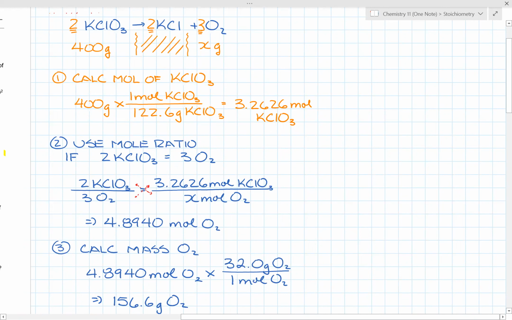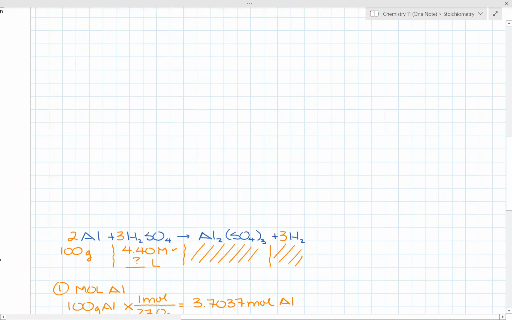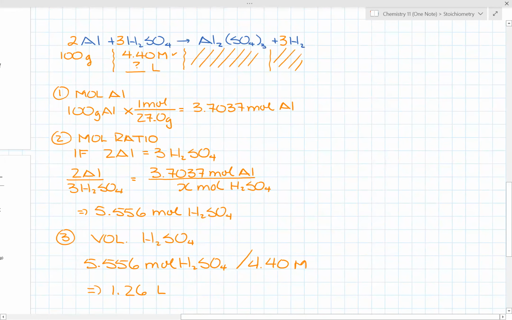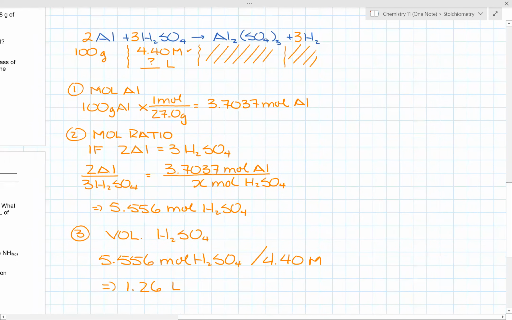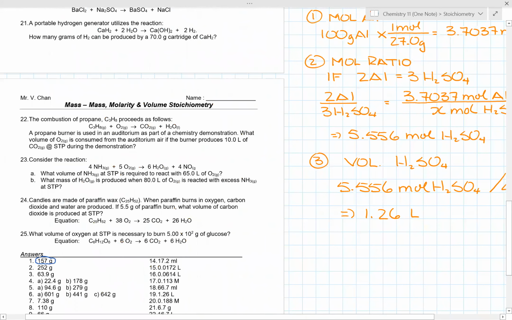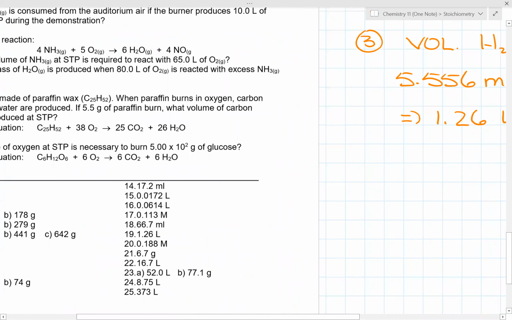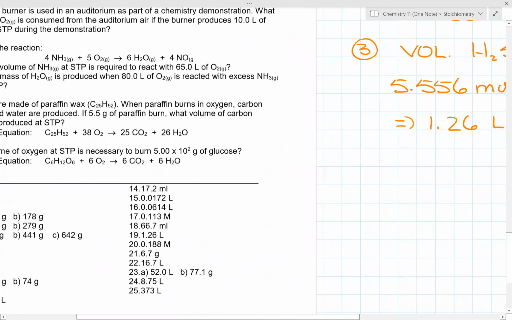Find moles, mole ratio, then calculate what you want. Here, find moles, mole ratio, and calculate what you want. Okay, so if we take a look at the answer for question number 19, I get 1.26 liters.